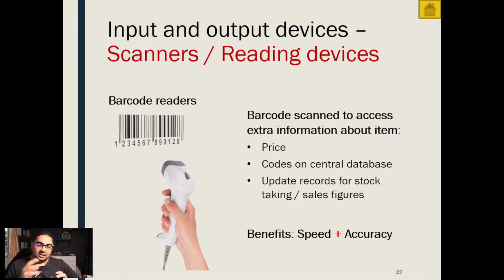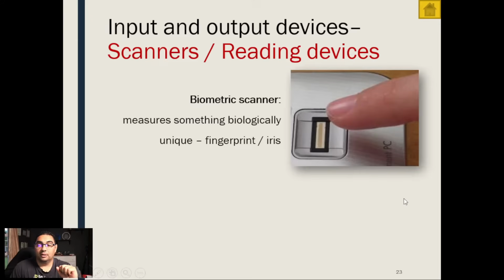Then what happens is, as that person scans it and it's purchased, it updates the record books and the stock control, so that, for example, let's say Checkers now knows that, okay, so 10 tons of baked beans have actually left the store. So 10 have now been sold. So benefits at the bottom there, you can see speed and accuracy, and it's updating the stock control as well.